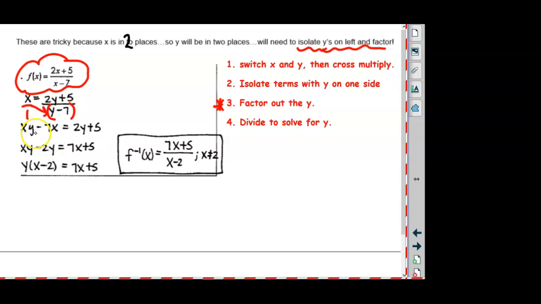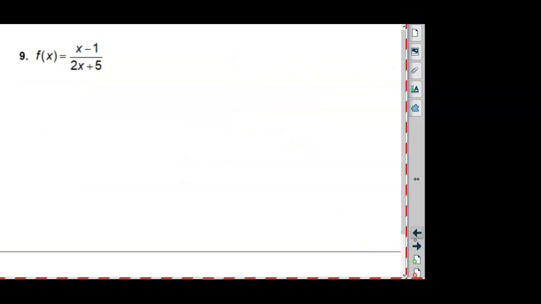Then they subtracted the 2y over to this side, so everything with a y was over here, and they added the 7x back to this side so that things that didn't have a y were on the other side. Then they factored out the y from the side that had the two y terms, and finally they divided by the quantity x minus 2. All right, that's just an example.